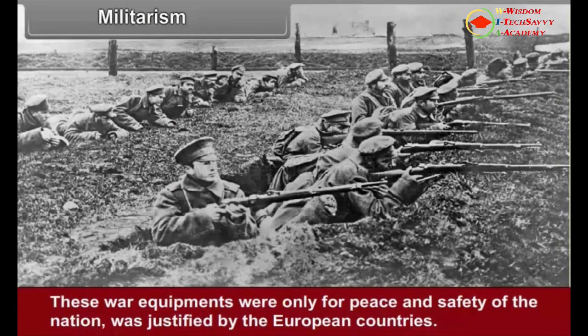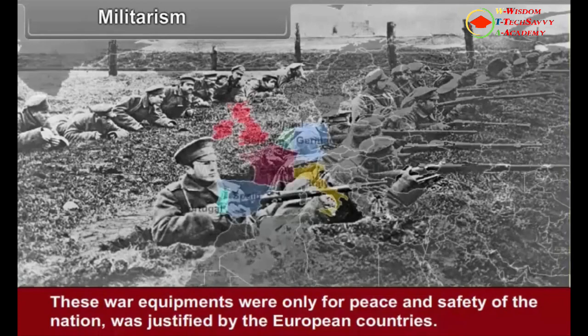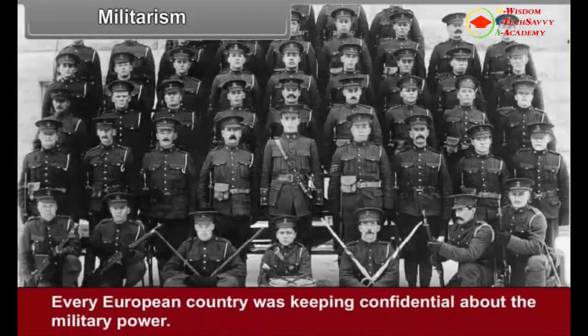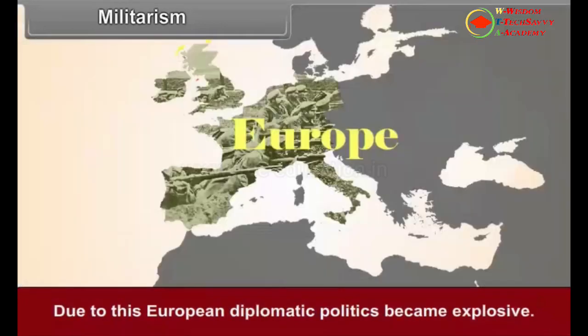These war equipments were only for peace and safety of the nation, was justified by the European countries. Every European country was keeping the military power confidential. Due to this, European diplomatic politics became explosive.